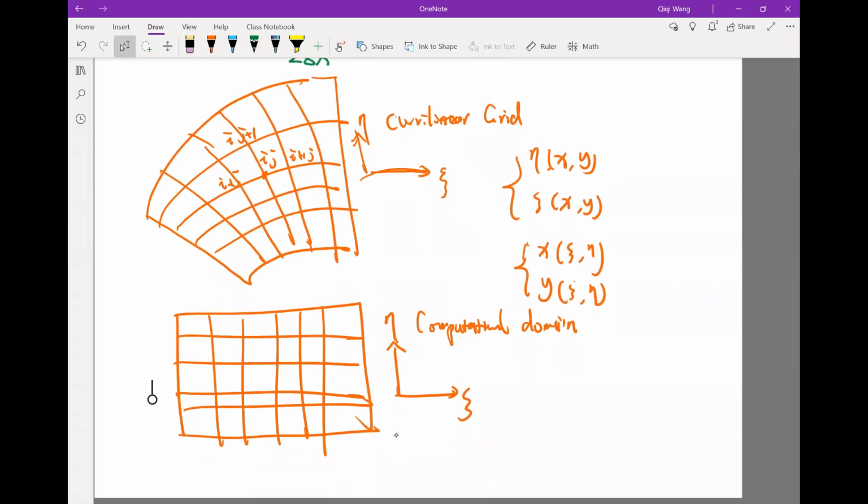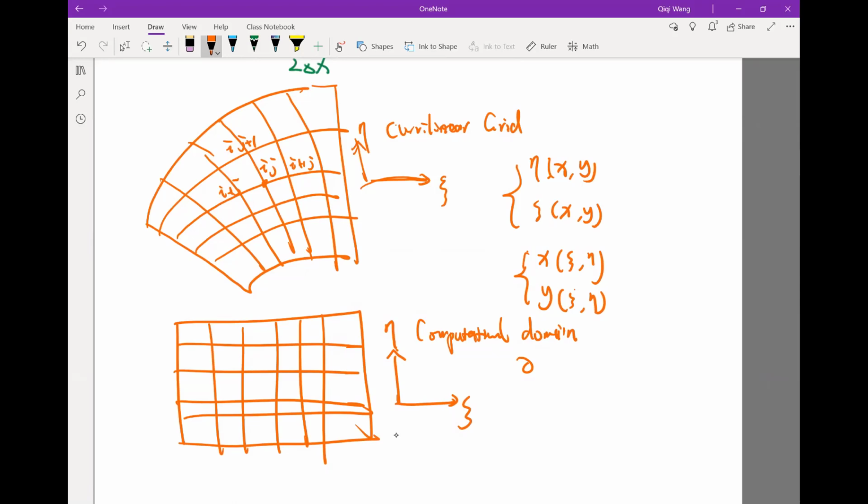So for example, if you have originally the Poisson's equation, partial squared u partial x squared plus partial squared u partial y squared equal to f.